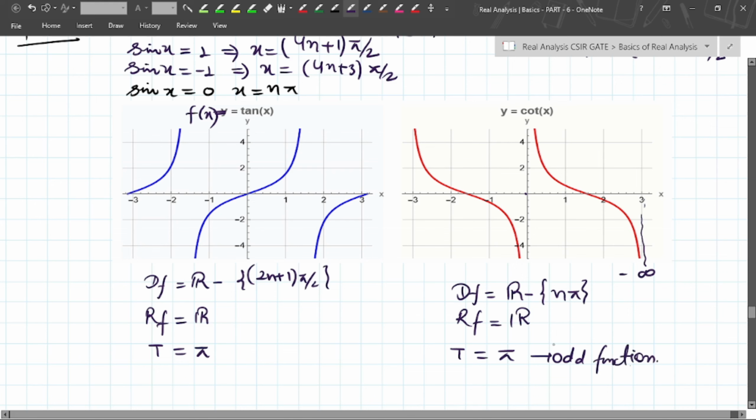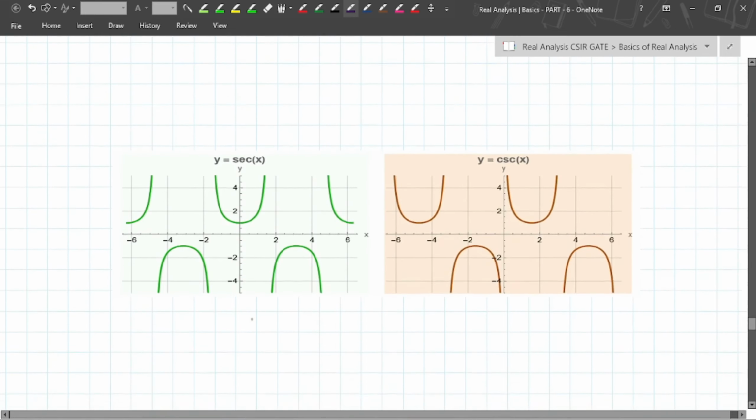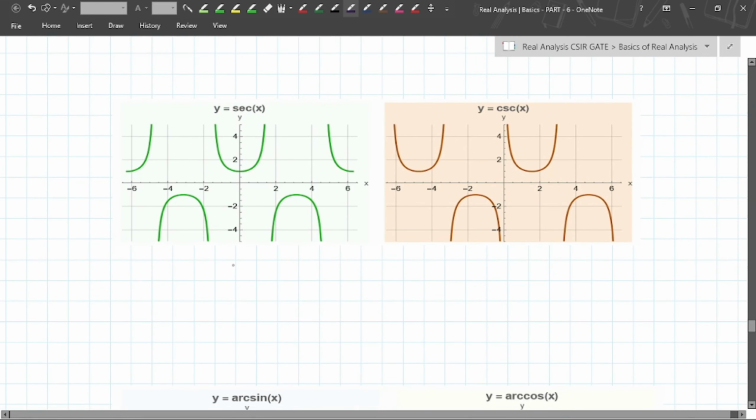Okay, this is an odd function, and tan is also an odd function here. Next, sec of x. Sec x is 1 upon cos x. So here the domain is R minus (2n plus 1) pi by 2.